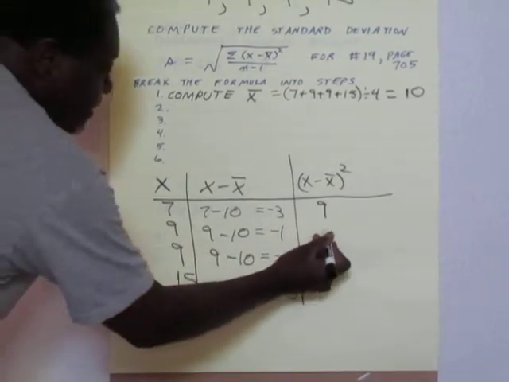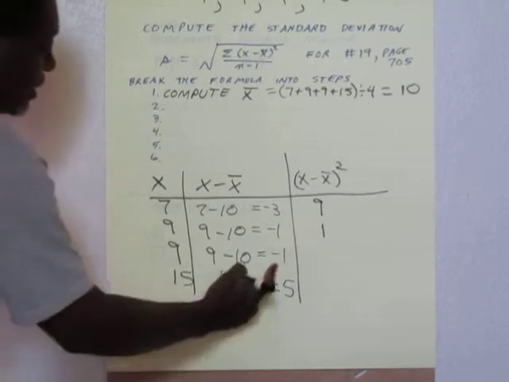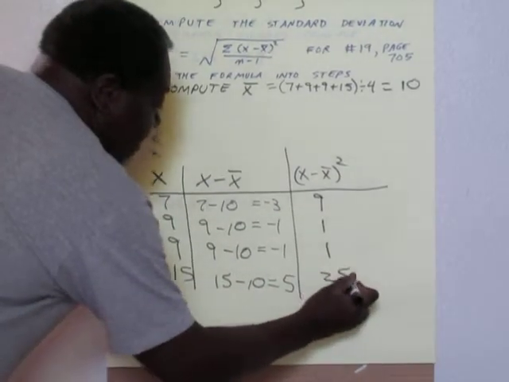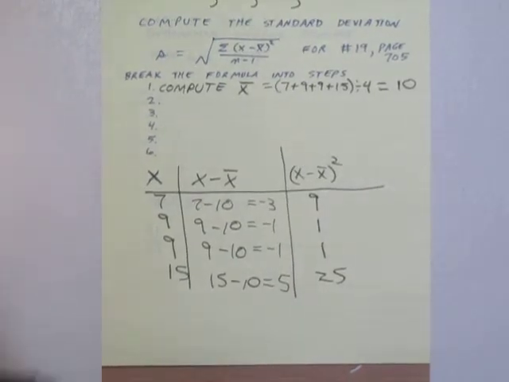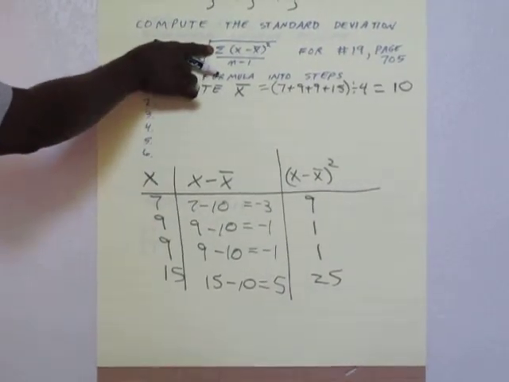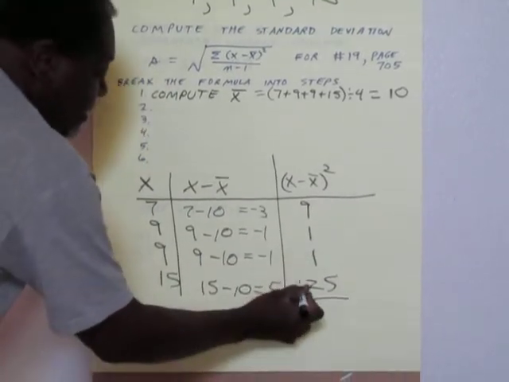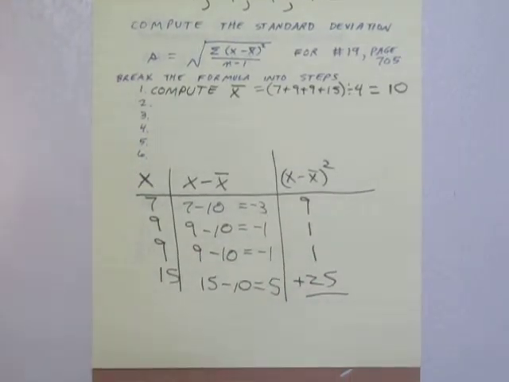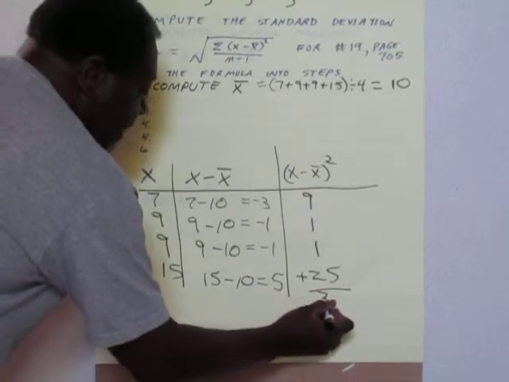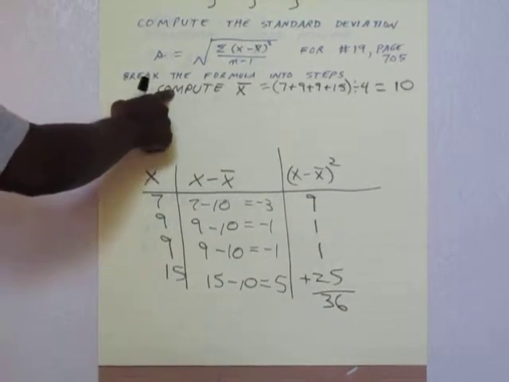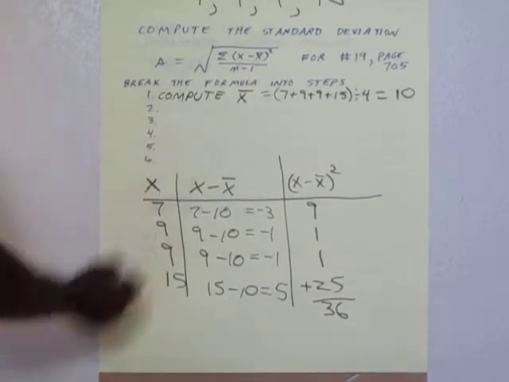Negative 1 squared is 1. 1. And 5 squared is 25. And then we're going to add those together. That's the sigma or sum. We add this list, we're going to get 36.